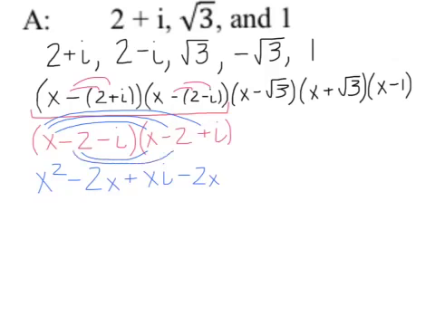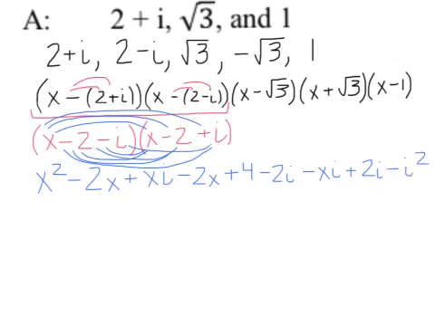Negative 2 times negative 2 is a positive 4. And negative 2 times i is a negative 2i. Then last we need to distribute that negative i. Negative i times x is a negative xi. Negative i times negative 2 is a positive 2i. And negative i times a positive i is negative i squared.